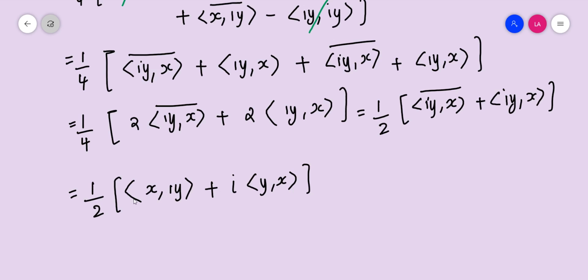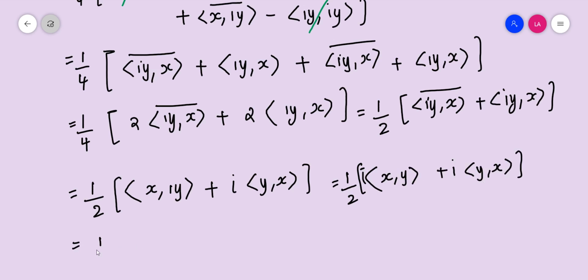Here also you can take the conjugate of i outside, because inner product is conjugate linear with respect to the second component. So this can be written as 1 by 2 times i conjugate times inner product xy plus i times inner product yx.